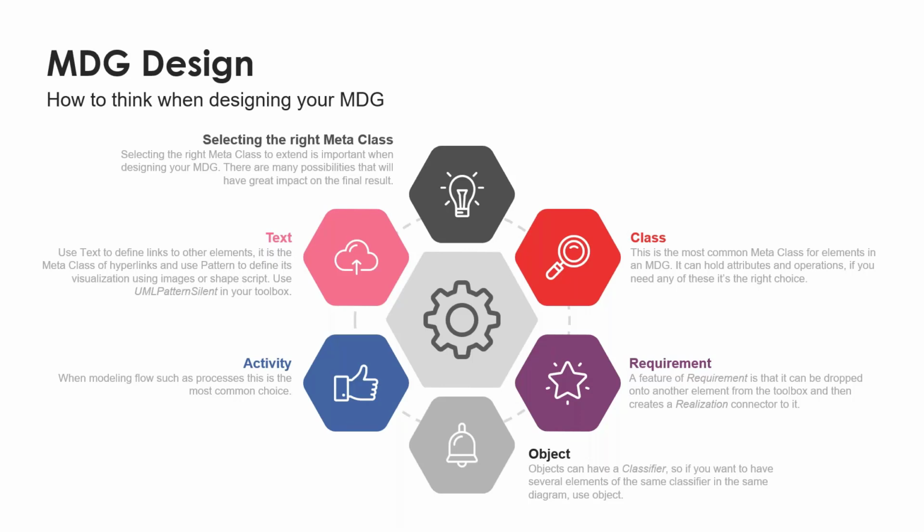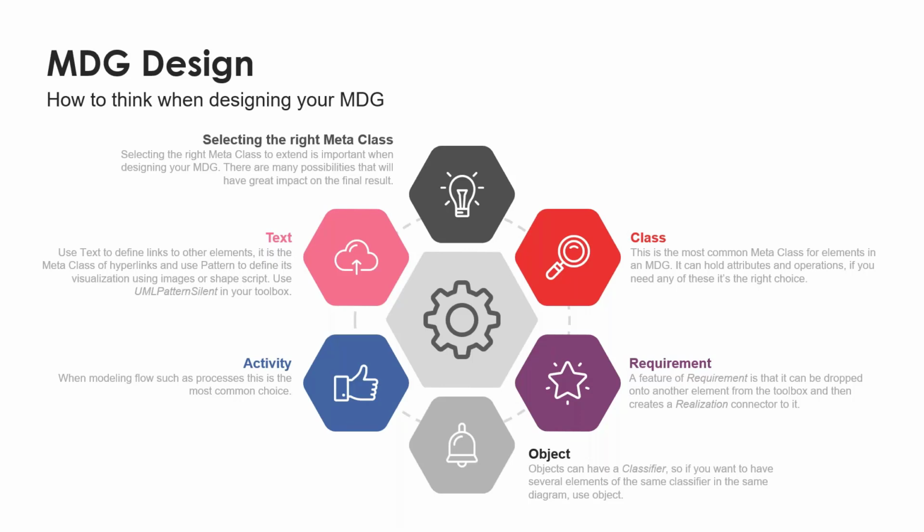Activity is also a metaclass which you can use, and that's usually used for flows, like process flows. And then you have text, which is used when you want to have a reference to somewhere else, maybe to a file, another diagram, or a hyperlink or whatever.